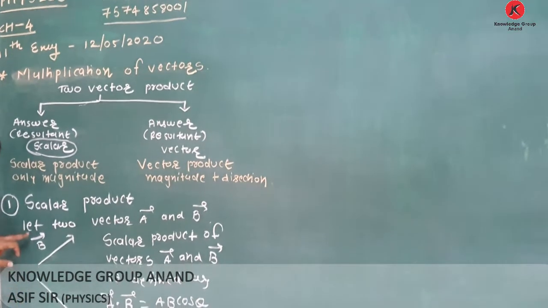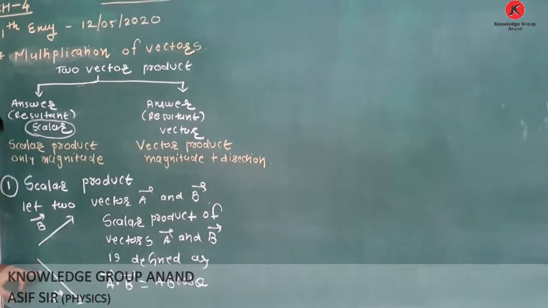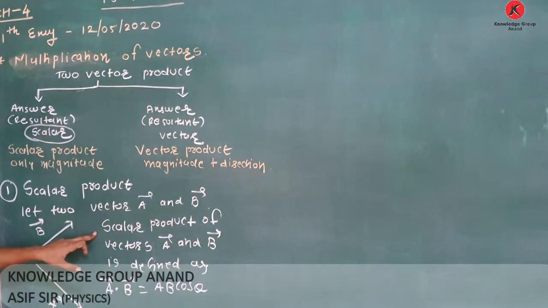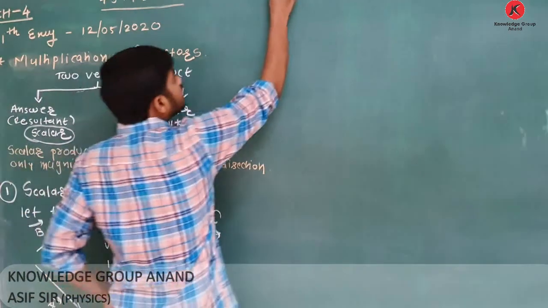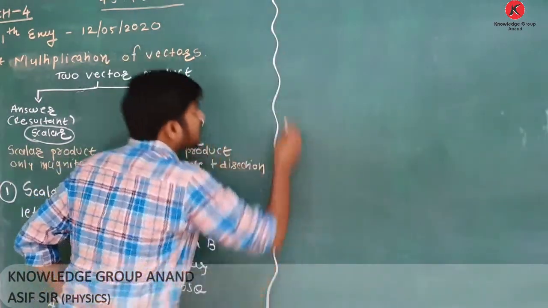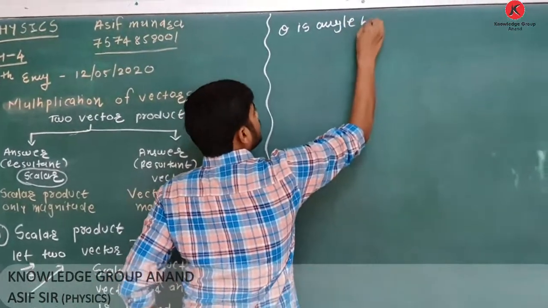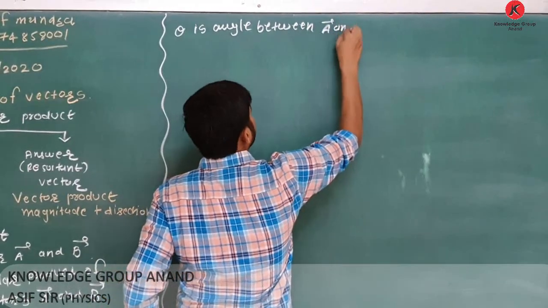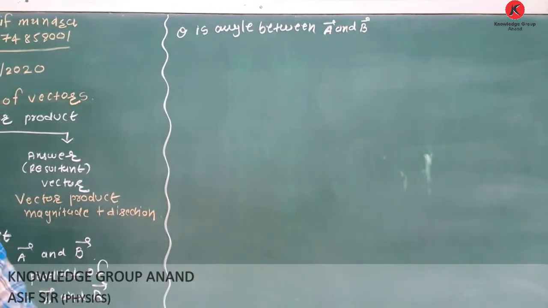Again, if we have two vectors A and B, then the scalar product of vectors A and B is defined as A dot B is equal to AB cos theta, where theta is the angle between A and B. This first equation we have to remember.